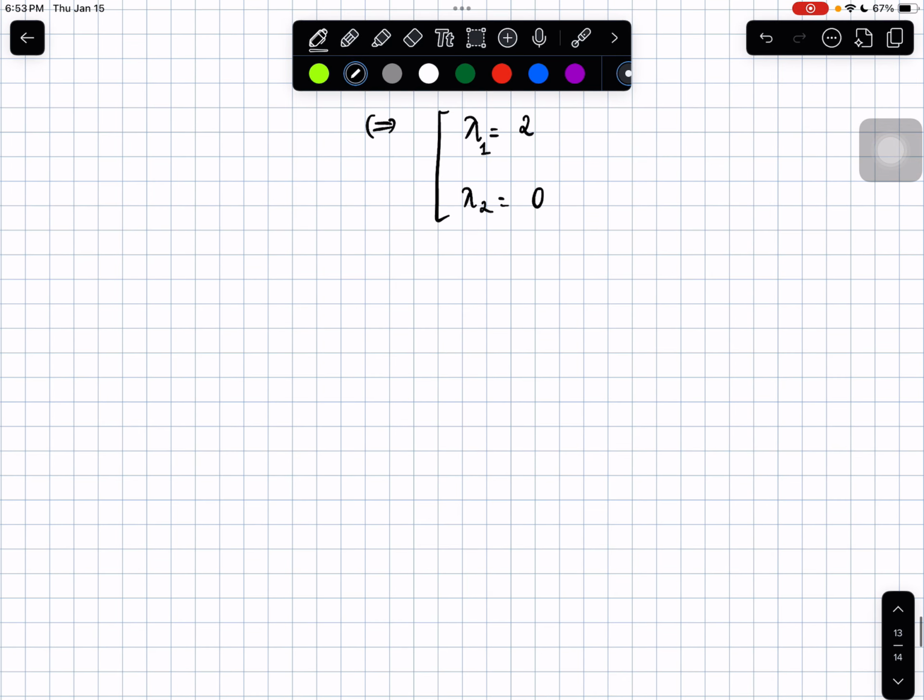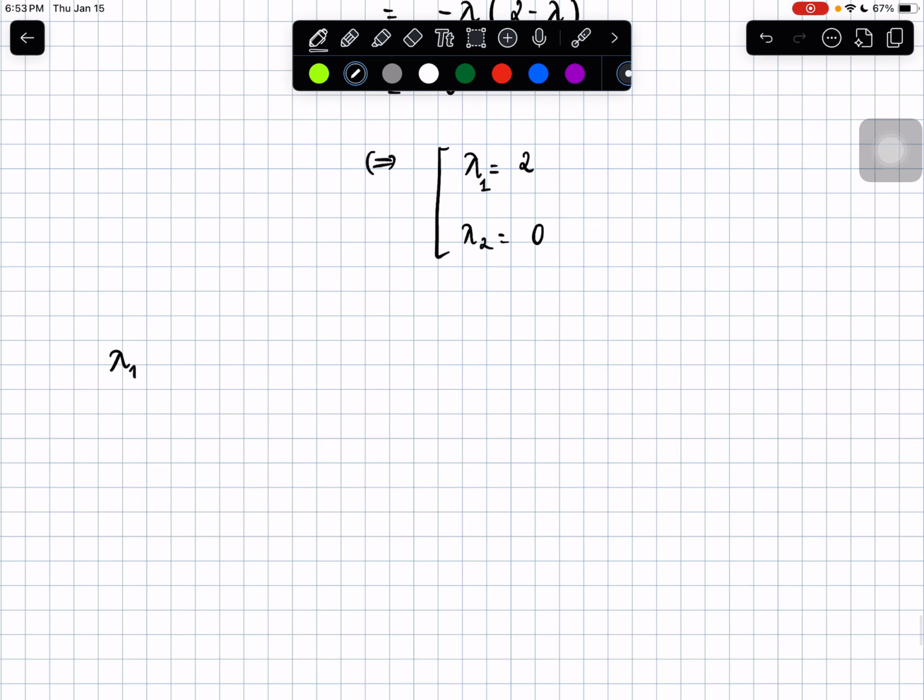So eigenvectors. Now we find the eigenvector corresponding to lambda 1 equal to 2: A minus 2I times V1 equals 0.